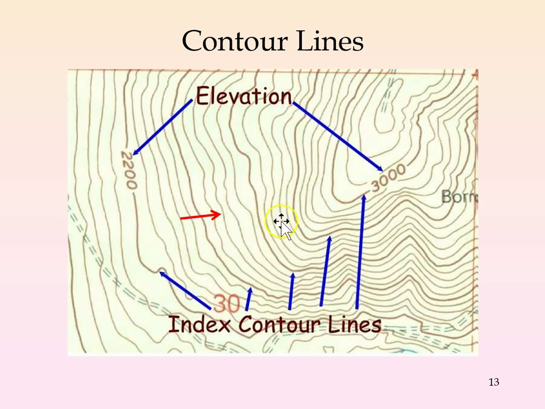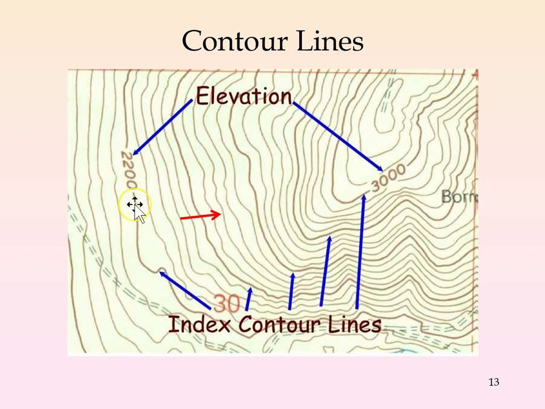If there's an 800 feet change in elevation here, and we have 1, 2, 3, 4 index contour lines, then if we take 800 and divide that by 4, we know the distance between each index contour line is 200 feet.